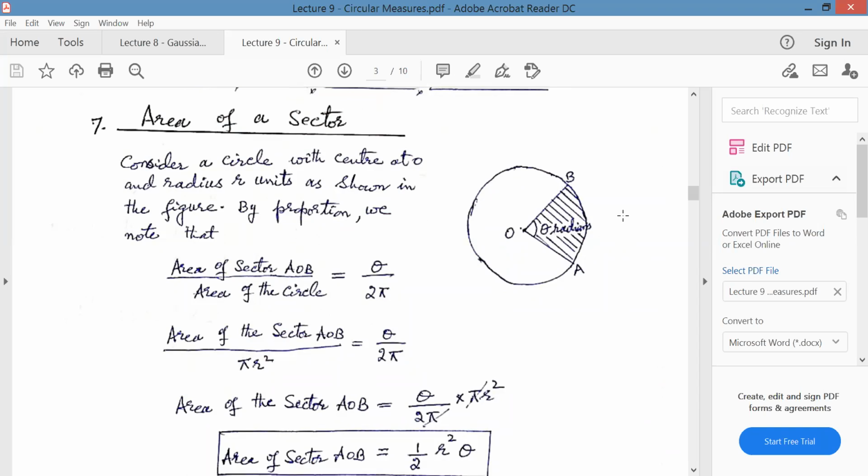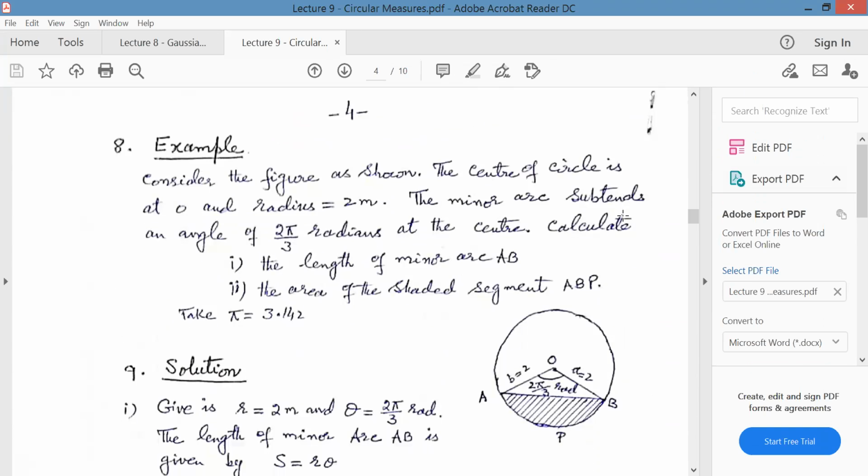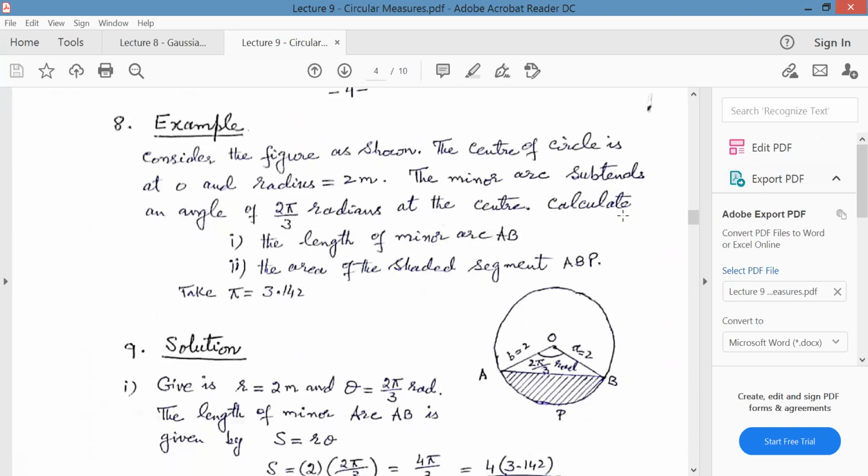Example. Consider the figure as shown. The center of circle is at O and radius is 2 meter. O is the center of the circle, okay, and radius is 2 meter. So you may join the center to any point on the circumference, that will be the radius.